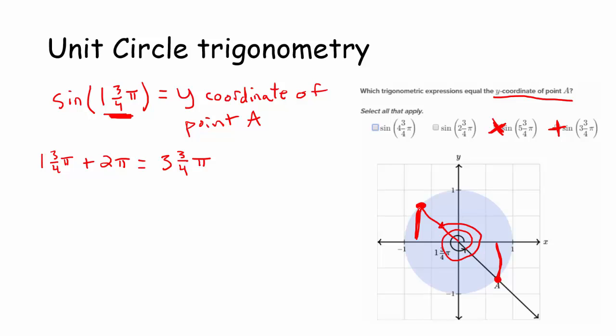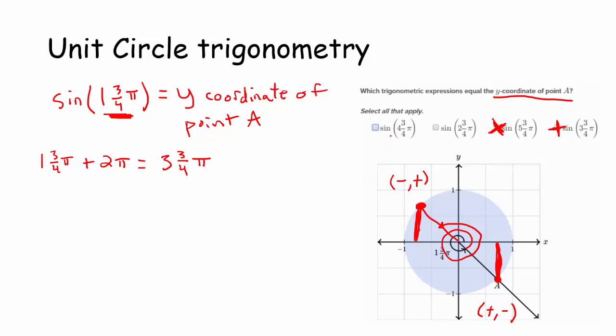They're the same size. These red segments I'm drawing here, perpendicular to the x-axis, are the same size. But remember, in quadrant 2, x values are negative and y values are positive. So this y value would be positive. The y value for A is negative, because for points in quadrant 4, the x value is positive and the y value is negative.